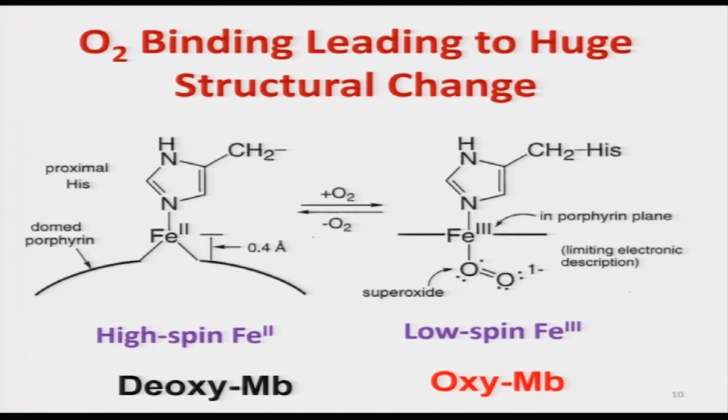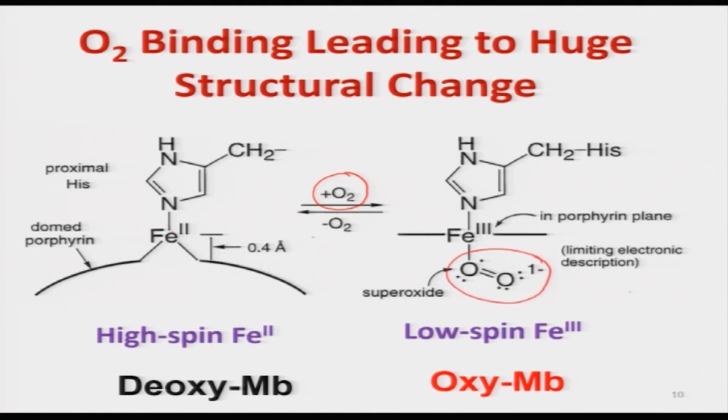Here I have shown how dioxygen binding leads to a huge structural change. In the deoxy form, the iron center is 5 coordinated and in a high spin state. When dioxygen comes and binds to the iron center, iron 2 converts to iron 3, while dioxygen converts to superoxide O2 minus.